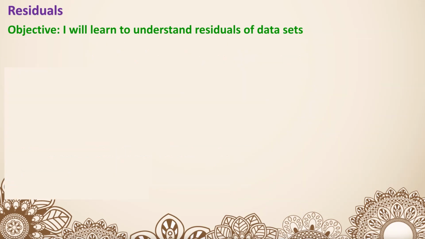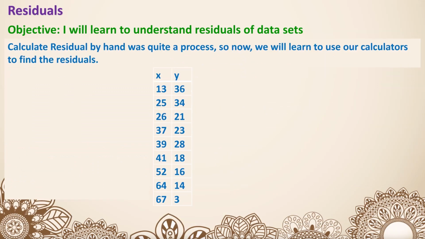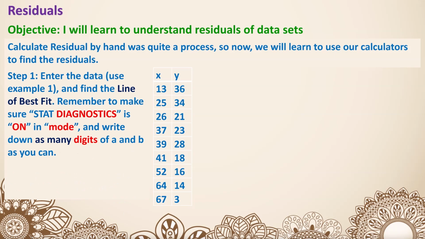So these are the kind of conclusions. Now let's actually get to the calculator stuff. We're still going to use the prior knowledge question as the example. So first thing, no matter what, we are going to need to find our line of best fit. We need to make sure that stat diagnostics is on in mode, and write down as many digits of A and B as we can.